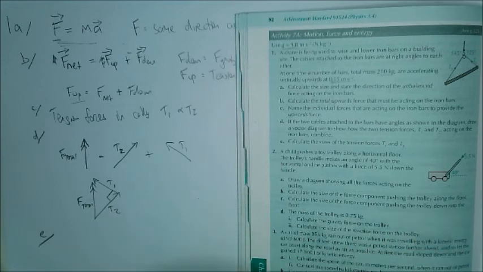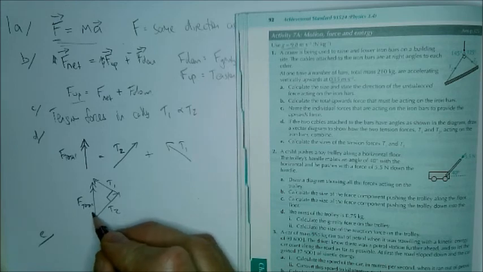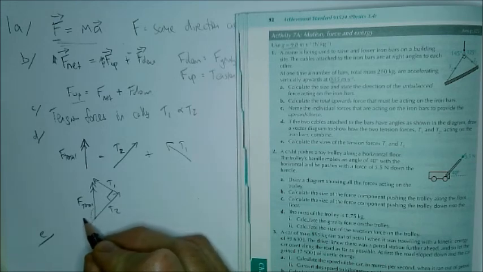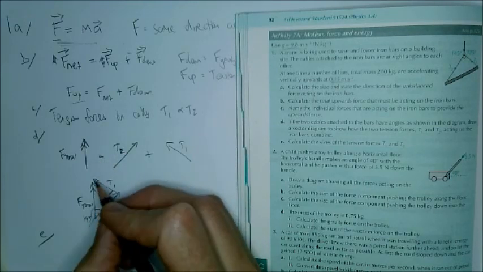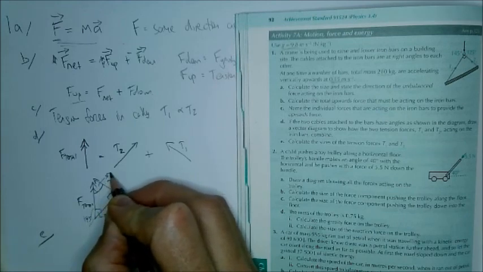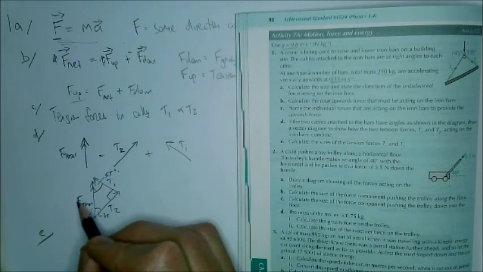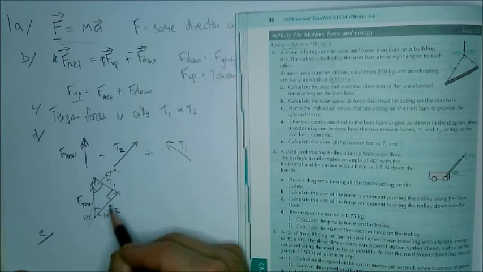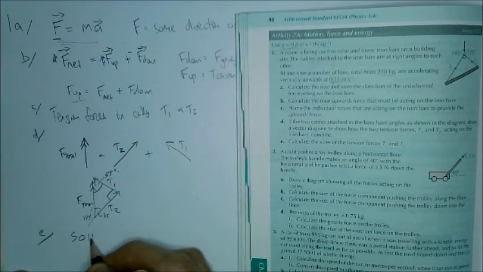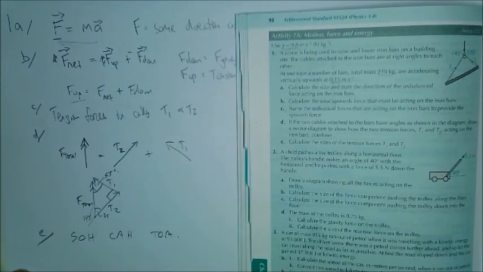We've been given some angles to work with, which we can use to work out that this angle here, for example, is 145 degrees, which means this angle here is 35 degrees, and that leaves 55 degrees up here. So now that you've got some angles and you're going to have a total upward force from a previous part, you have enough to solve for T1 and T2 using SOHCAHTOA. Okay.